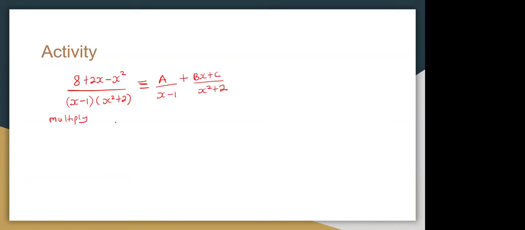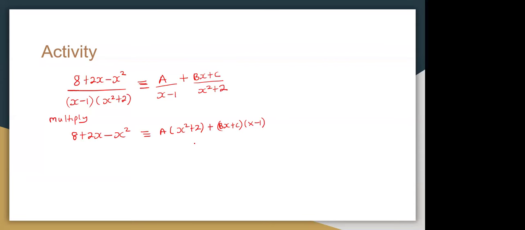Give me what you got after multiplying through. 8 plus 2x minus x squared is equal to A into x squared plus 2, plus bx plus c, open brackets, x minus 1.